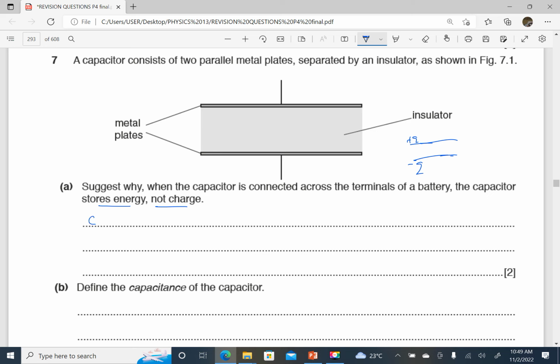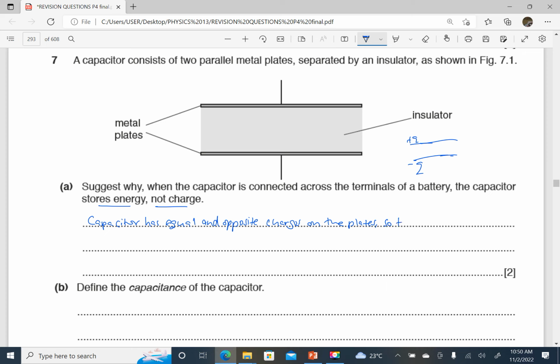A capacitor has equal and opposite charges on the plates. What does that mean?